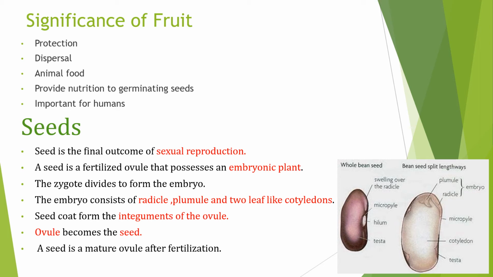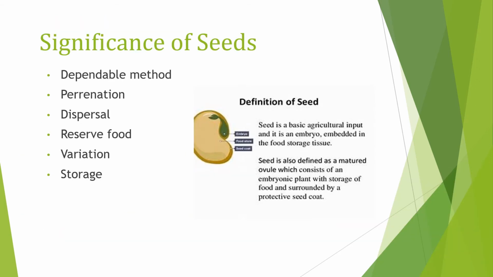Now we can define seeds as a matured ovule which consists of an embryonic plant with storage of food and surrounded by a protective seed coat. Ovules develop into the seeds. You can say a seed is a mature ovule just after the fertilization.